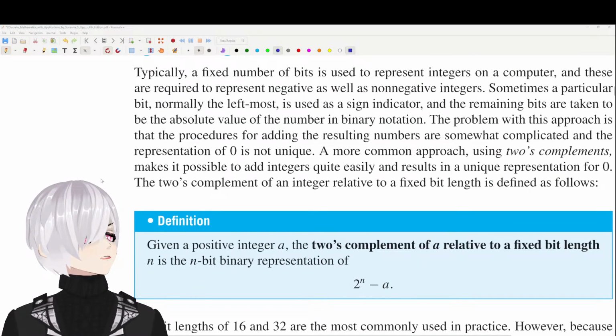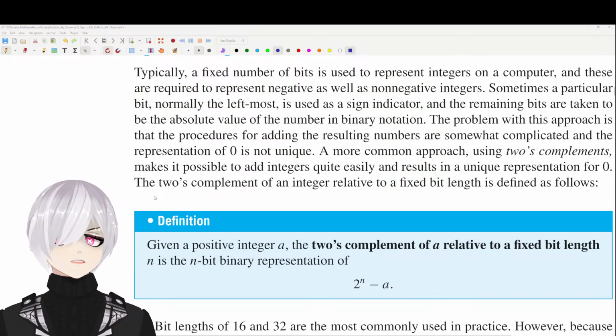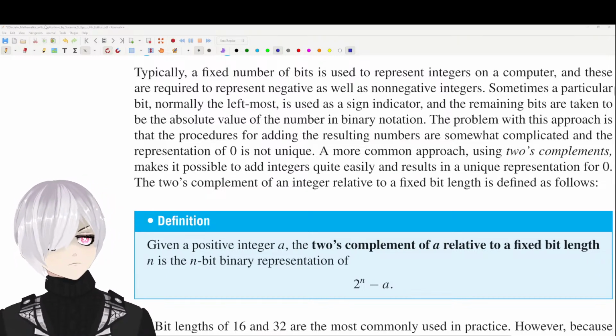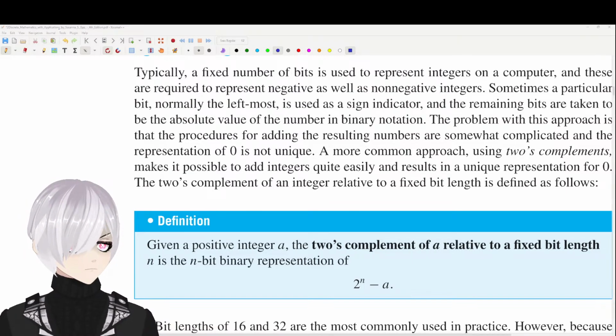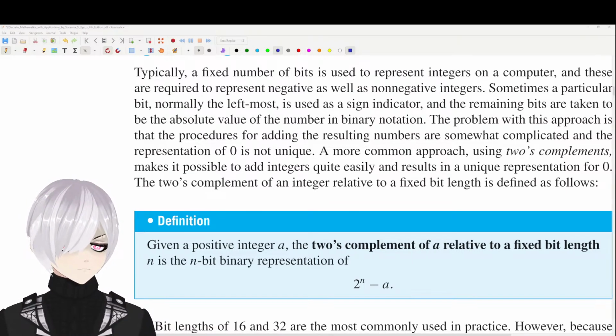So I guess you want to represent an integer using bits, and each bit can have one of two states corresponding to 1 or 0. So you represent the integer by representing its two's complement.